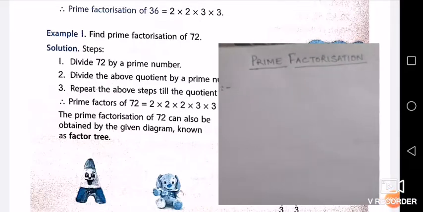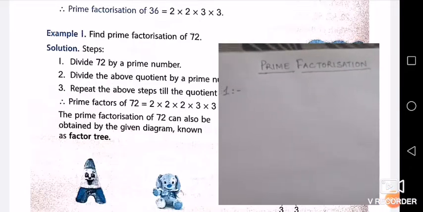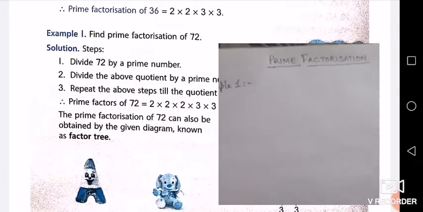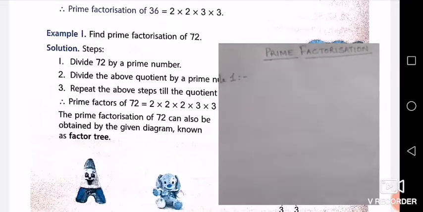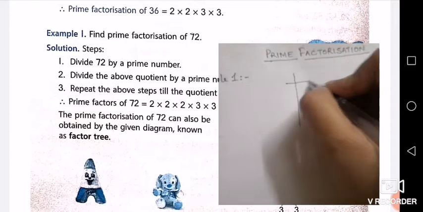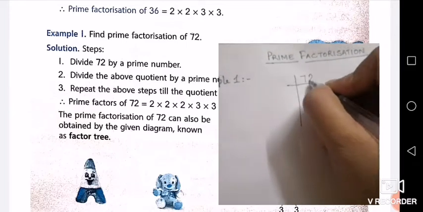Find the prime factorization of 72. Prime factorization means all the factors of a given number must be prime. So we will use the division method first, which is like this.